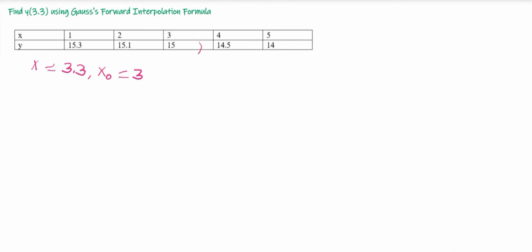Now h, which is the difference between the x values, is equal to 1. And r is equal to x minus x naught divided by h, which will be 3.3 minus 3 divided by 1.